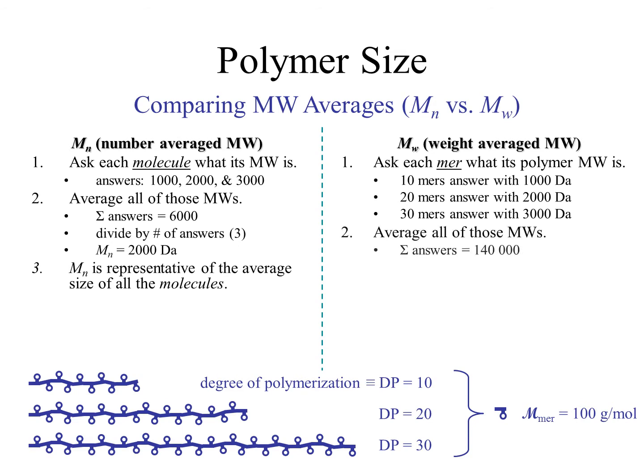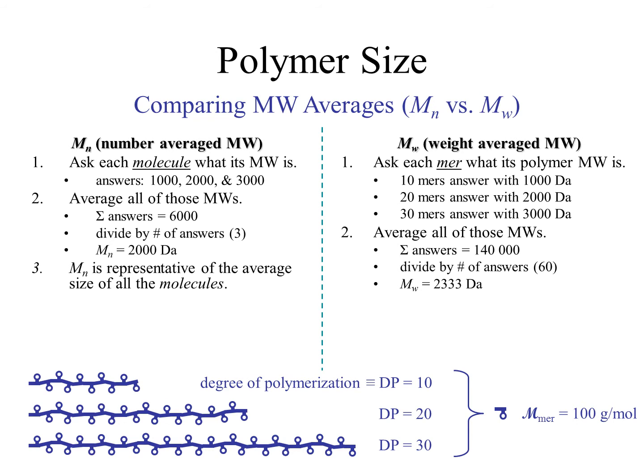Now, averaging all of these values is a little more work than last time, but that's what calculators are for. Summing up all the answers, we get 140,000. Dividing by the number of answers, which is 60 this time, we end up with a final average of 2,333 Daltons.